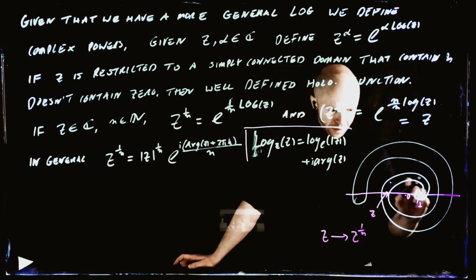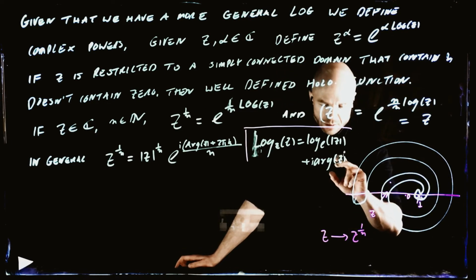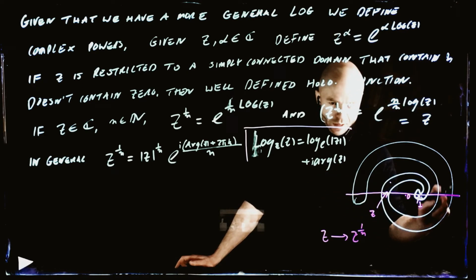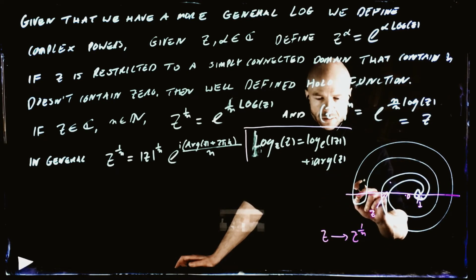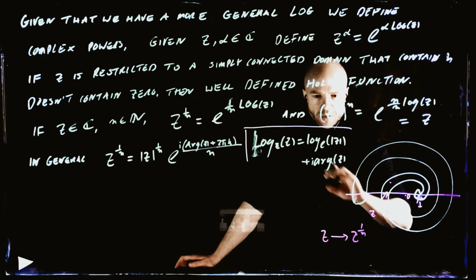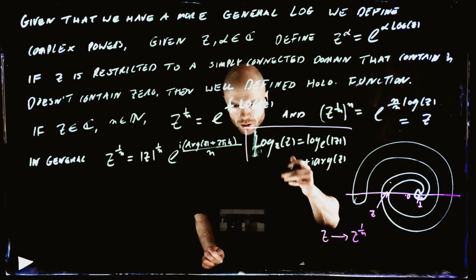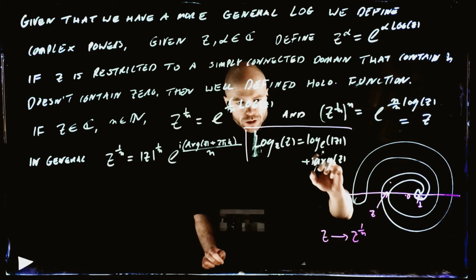And all we did was we noticed that we can just continuously choose one of these in this multi-valued set in a continuous, consistent way, such that this log that we define, depending on our domain, becomes a holomorphic function. So the real power is being able to continuously choose this choice of argument.